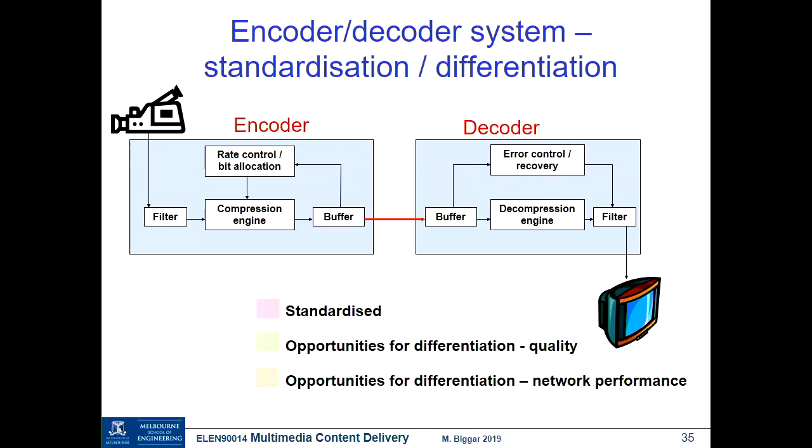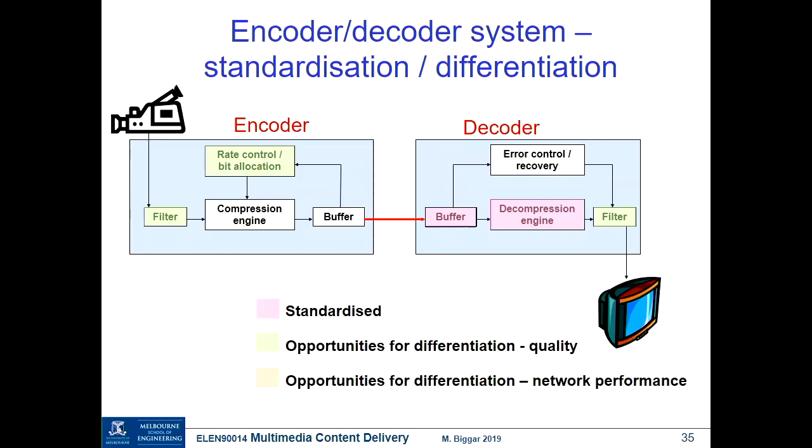When we define a standard, as you'll remember, we need to define the interface between these two devices, and that really means that we're defining mostly what the decompression engine does, and to make sure that this buffer doesn't overflow and underflow, we're defining what that does.